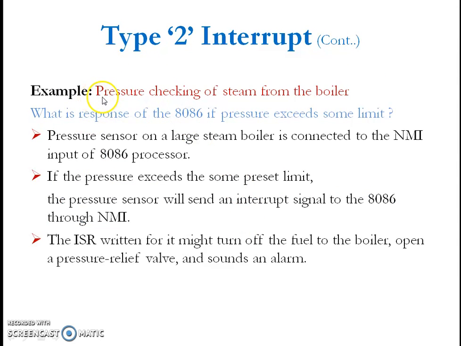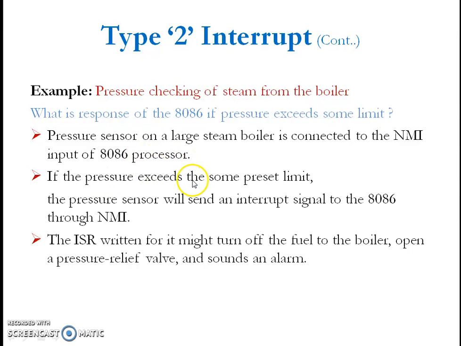This is an example to show why this interrupt is non-maskable: the pressure checking of steam from a boiler. What is the response of the 8086 if pressure exceeds some limit? A pressure sensor on a large steam boiler is connected to the NMI input of the 8086 processor.